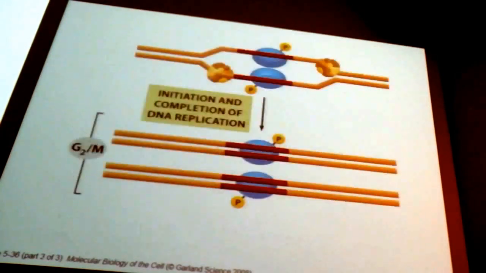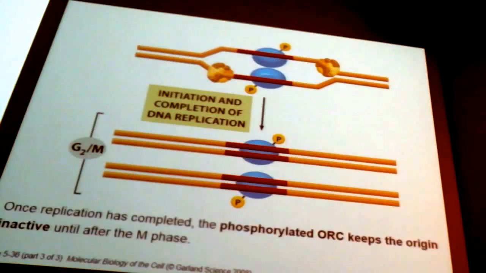And then when you finish, you have a different state. The DNA is duplicated, the origin recognition complex is bound, but only the phosphorylated form is bound. And that is not permissive for replication. The phosphorylation has to be removed for replication to proceed, and that does not happen until after the cells have divided.